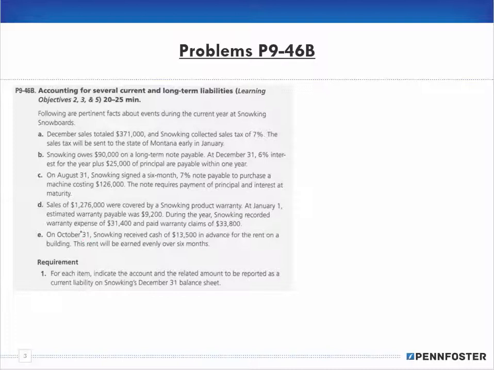All right. So let's see here. And then E, Snow King received cash of $13,500 in advance on the rent for a building. This rent will be earned evenly over 6 months. Prepaid rent is $13,500.